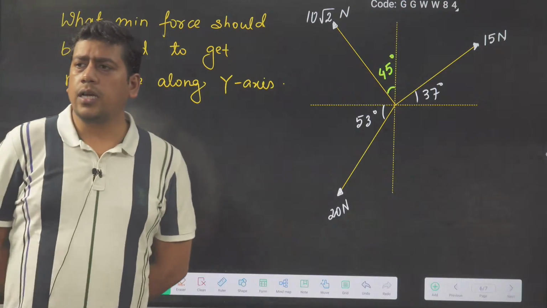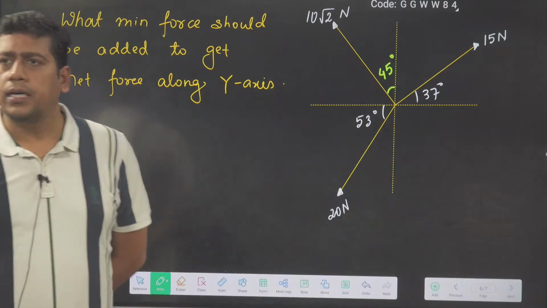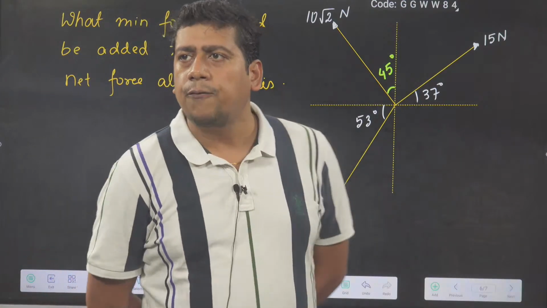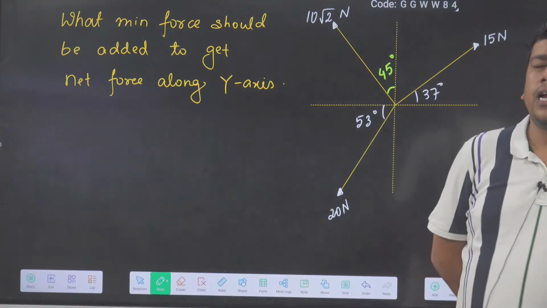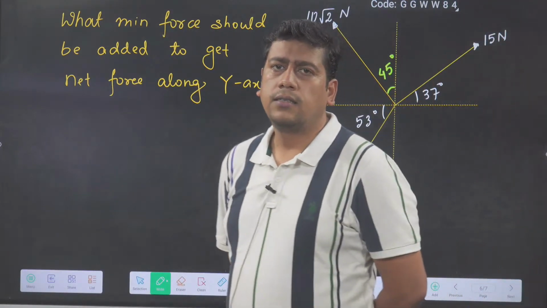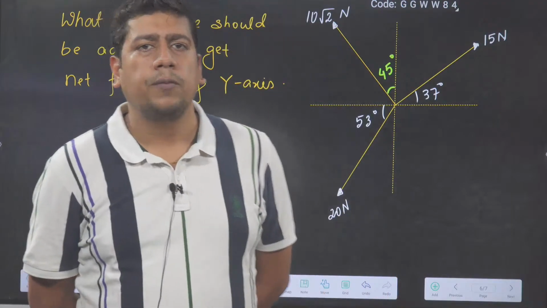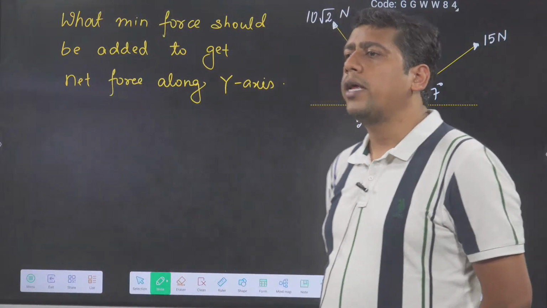No, understand the question. I'm not asking F net, but what I'm asking is to find the minimum force that should be added to get the net force along y-axis. Find the minimum force which should be added to get the net force along y-axis.